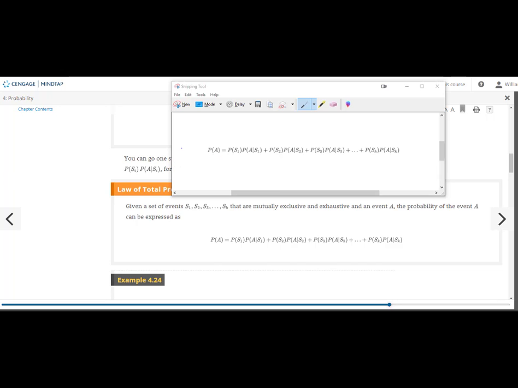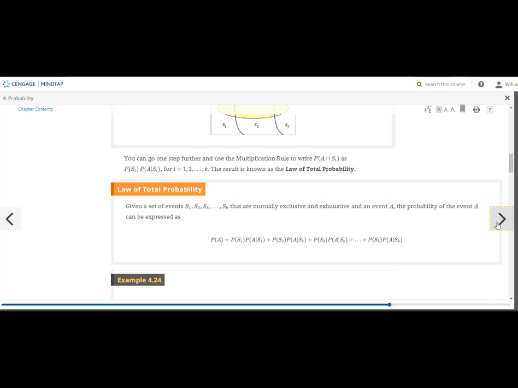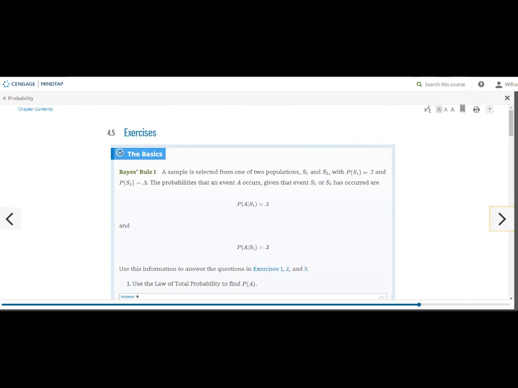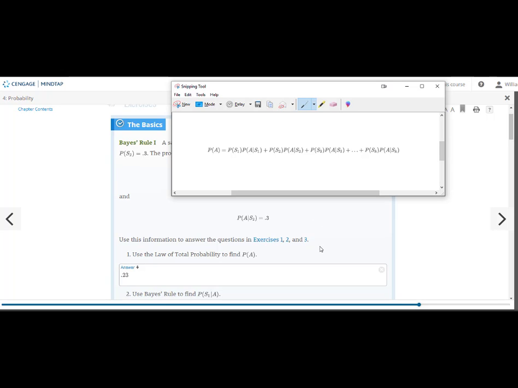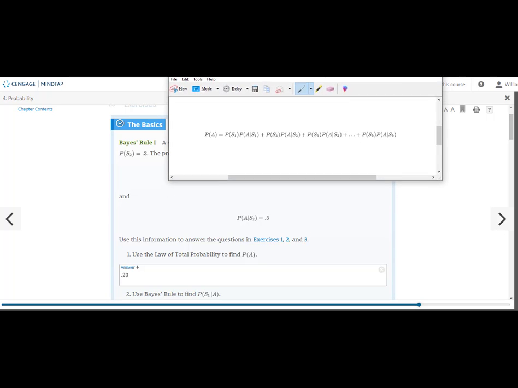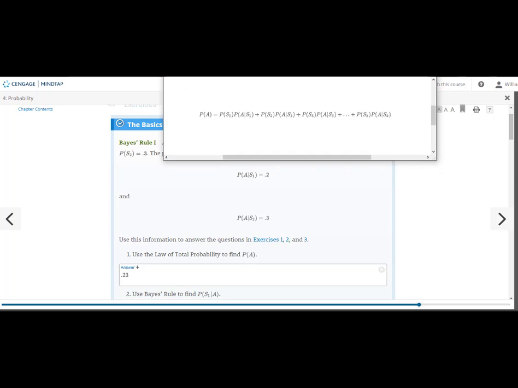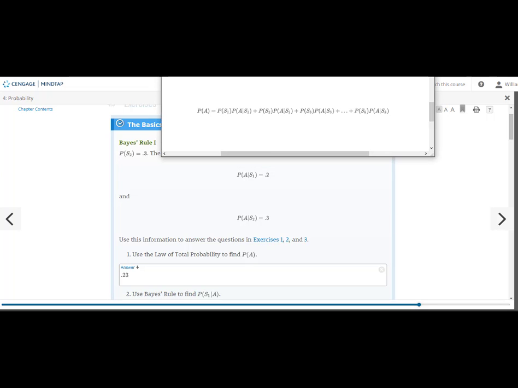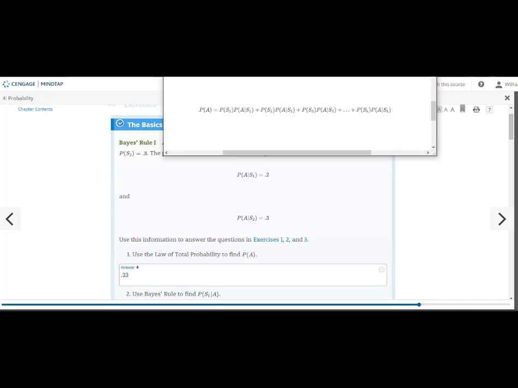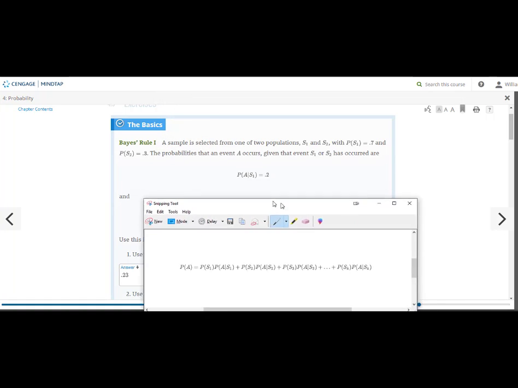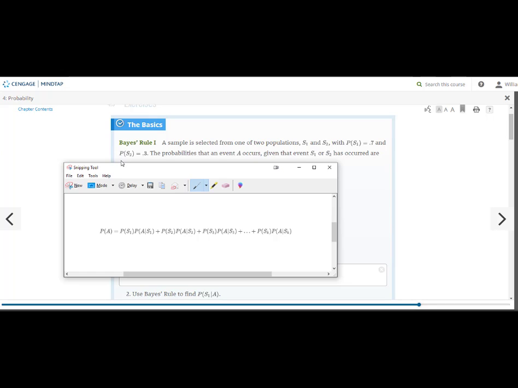I took a little screenshot of that. Go back to the problem and keep the screenshot available. Okay, so we want the probability of A. And we're given this stuff here, as well as this and this.